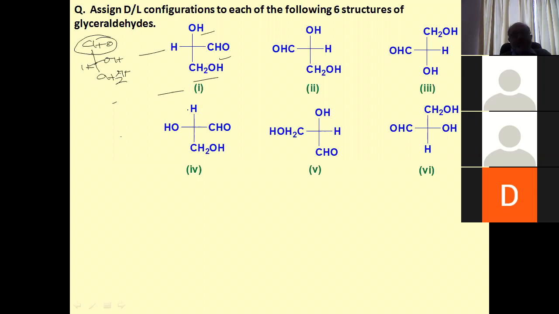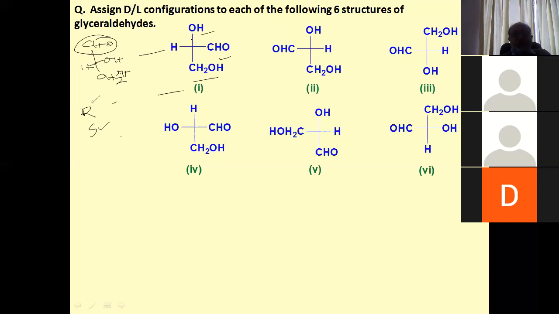One way is, as I have already told, your D-glyceraldehyde is your R-glyceraldehyde and L-glyceraldehyde is your S-glyceraldehyde. You find out whether this is R or S. If you find R, it is D. If you find it is S, it must be L. This method is very simple. So what is this one?